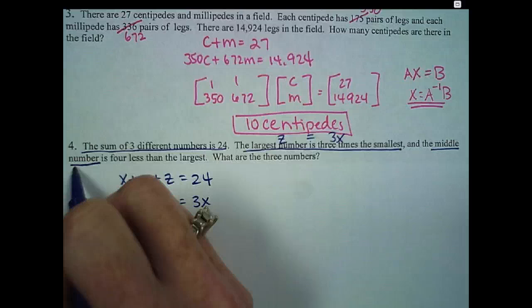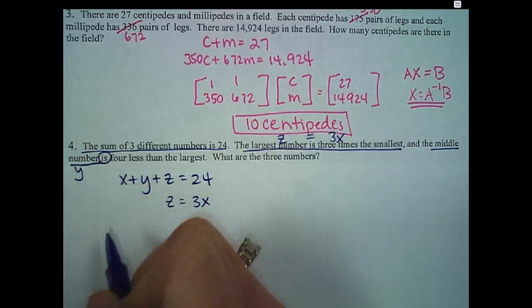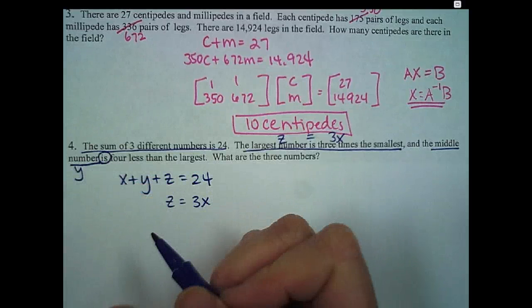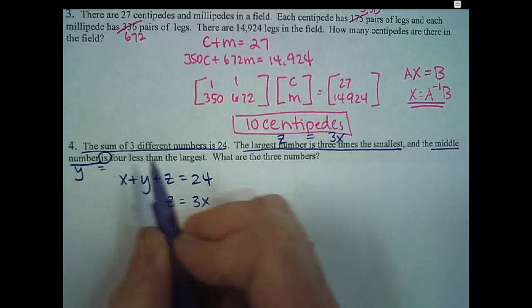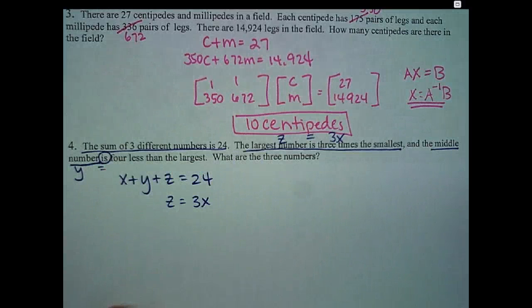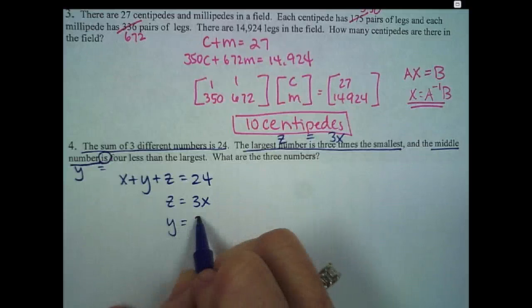Y. And there's that tricky word again, is, which is what? Equals 4 less than the largest. How would I represent 4 less than the largest? Z minus 4. Okay, so y equals Z minus 4.